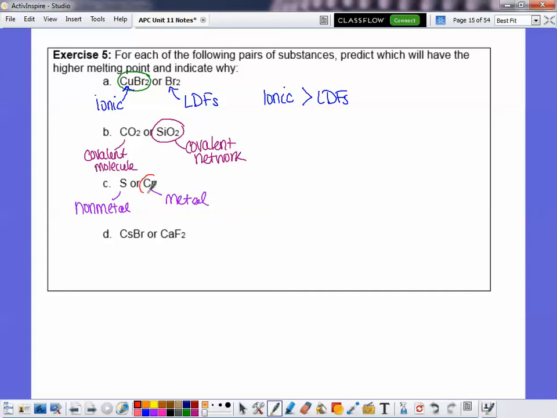And metals typically have higher melting points, okay? And again, we'll talk about that next time. So it's kind of like a little preview into next time. All right. And this last one.